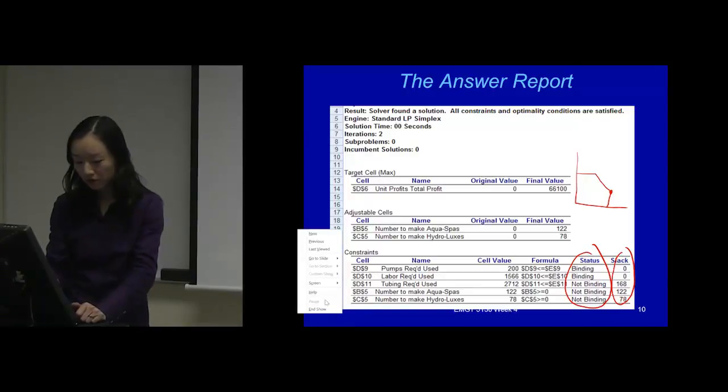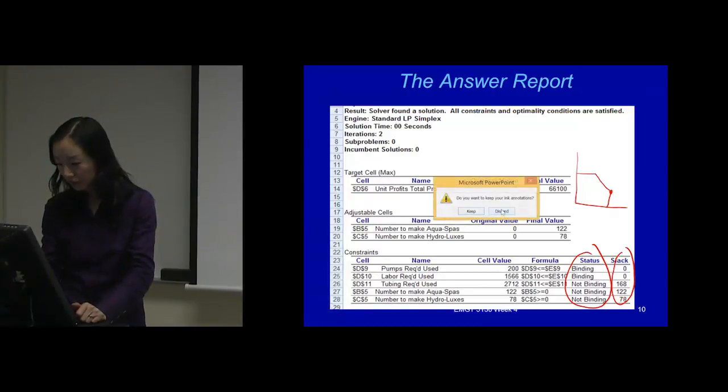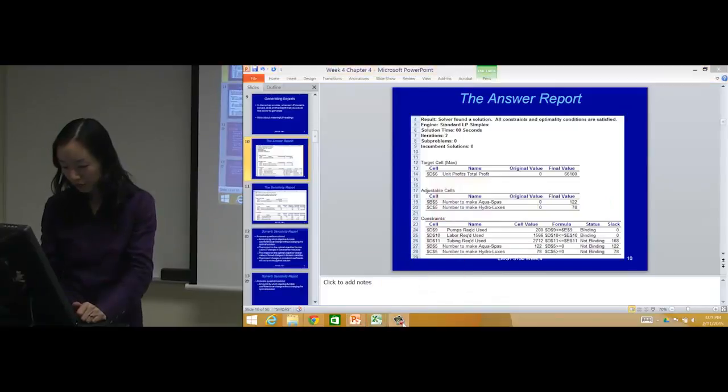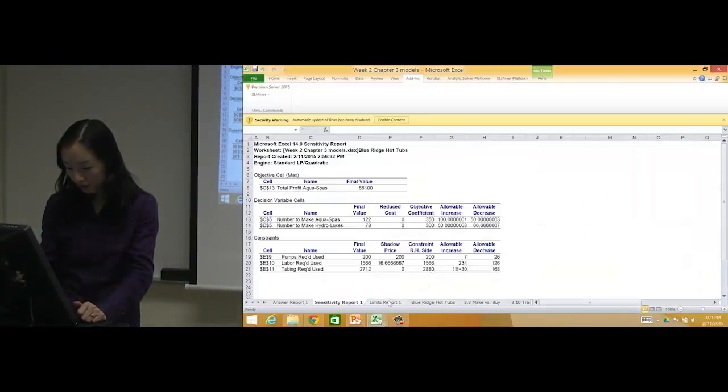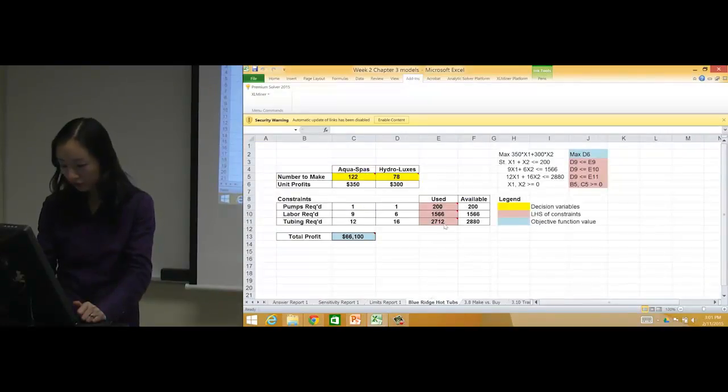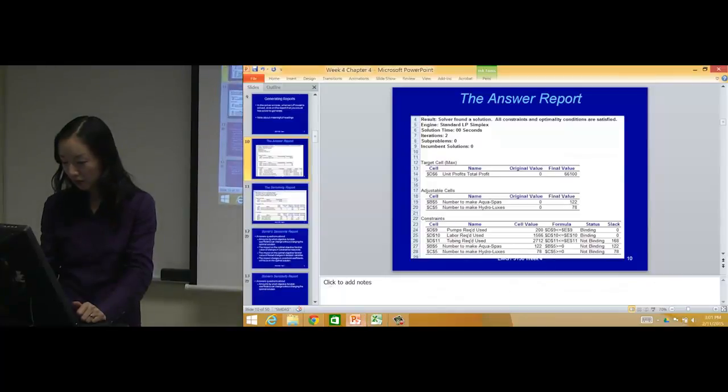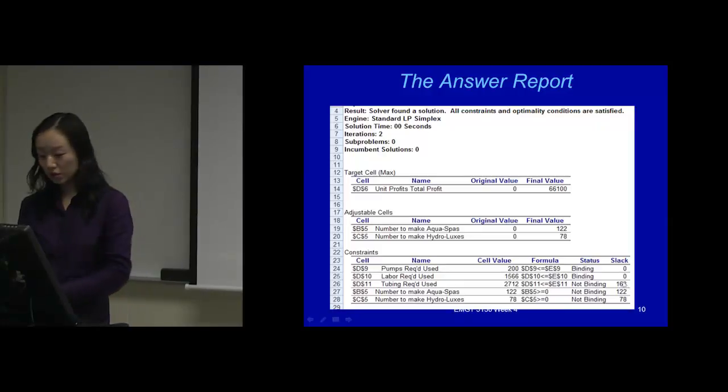Let's go back to the Blue Ridge Hot Tubs model here, tubing. What's the difference between these 2? 168. Okay, so that's what this slack is.